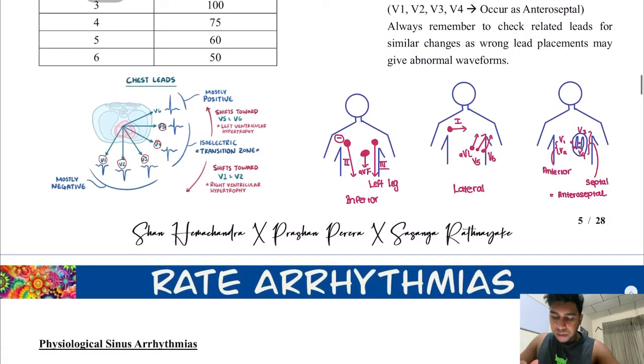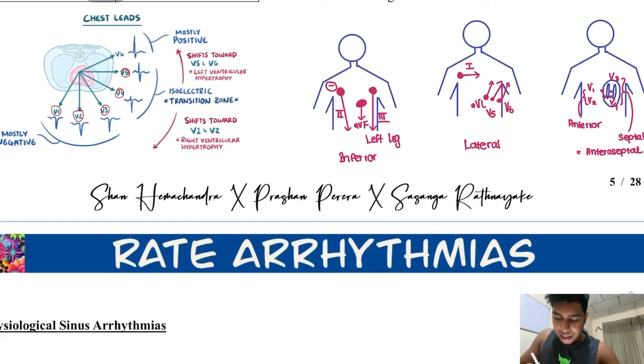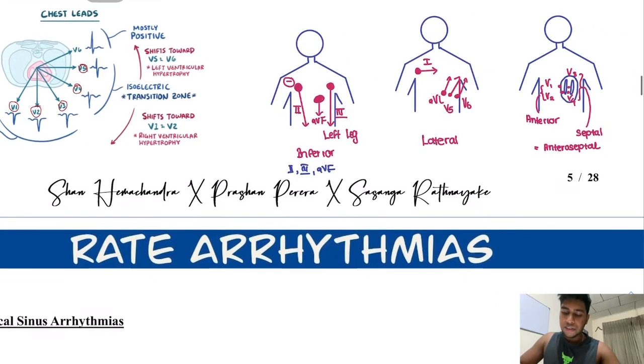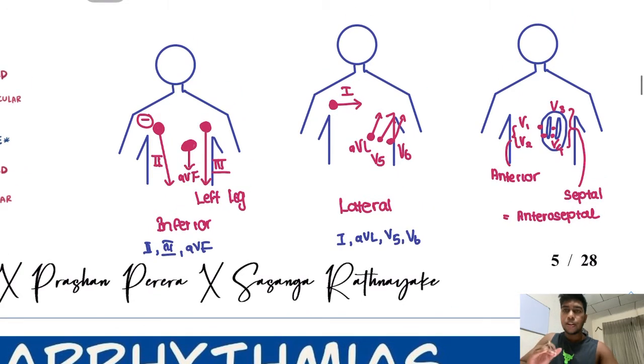Next I will tell you about the lead placement so that you know how to locate which area of the heart is affected. Okay, if there is a defect in the leads 2, 3, aVF, that means the problem is in the inferior leads. In the inferior region of the heart, you have the problem. If it is a problem in 1, aVL, V5, and V6, it's a lateral lead problem.